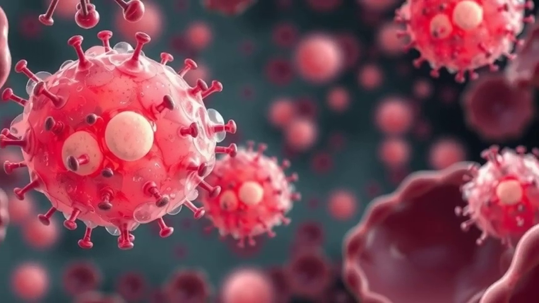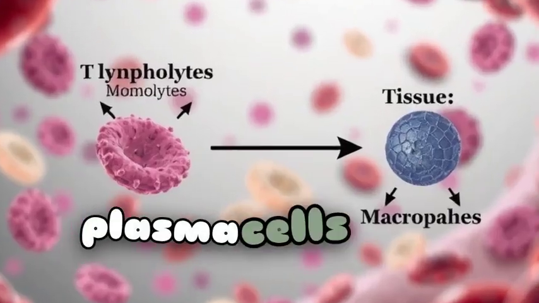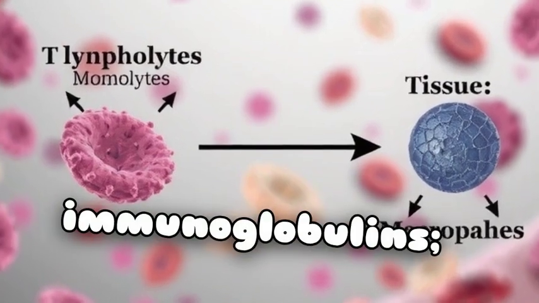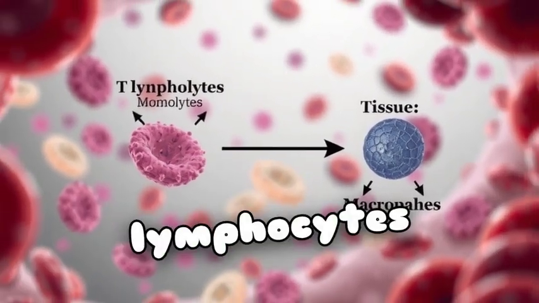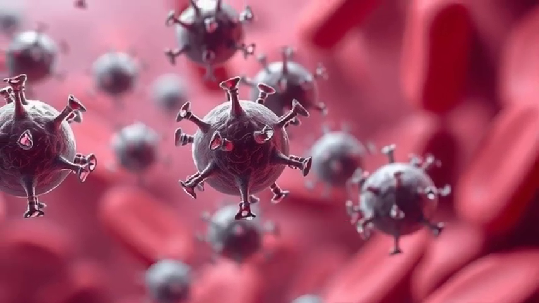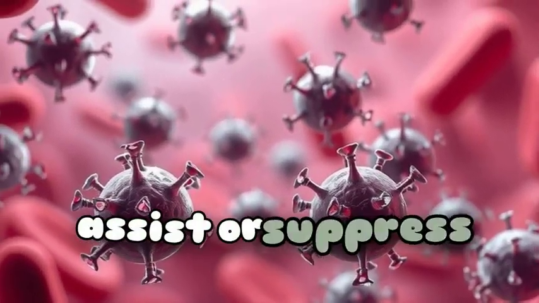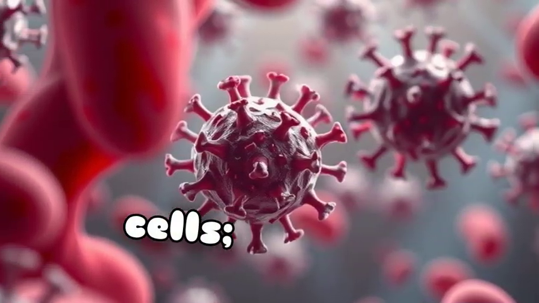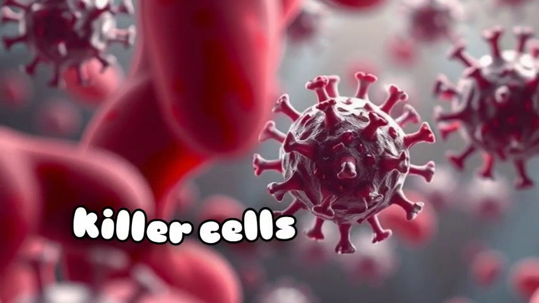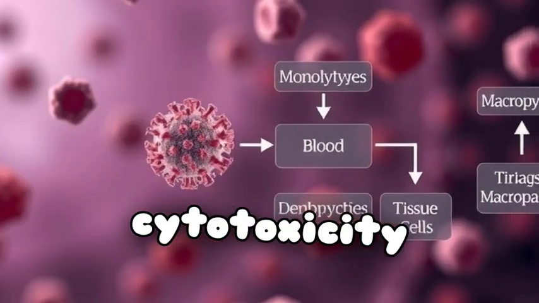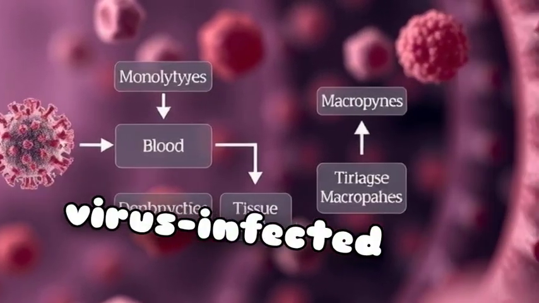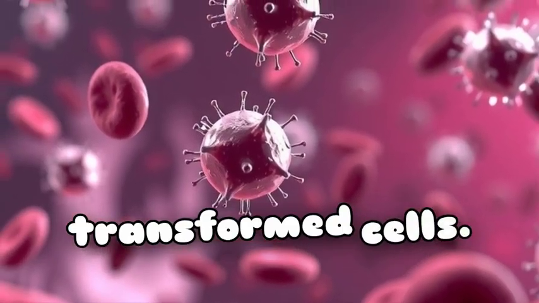B lymphocytes differentiate into plasma cells that secrete immunoglobulins. T lymphocytes mediate cell-mediated immunity and assist or suppress other immune cells. Natural killer cells provide innate cytotoxicity against virus-infected and transformed cells.